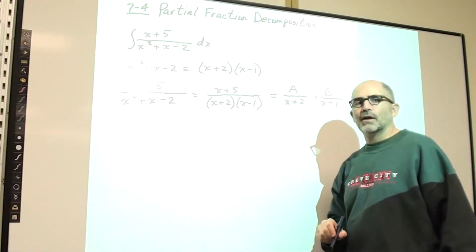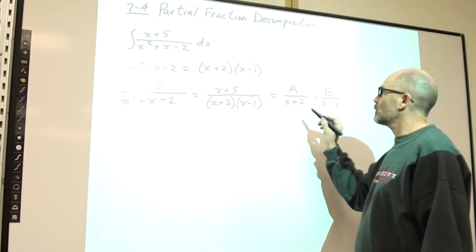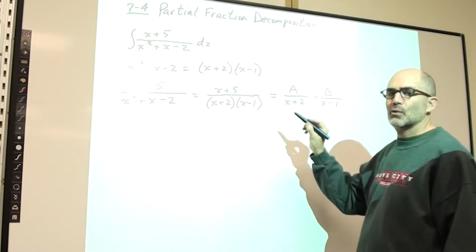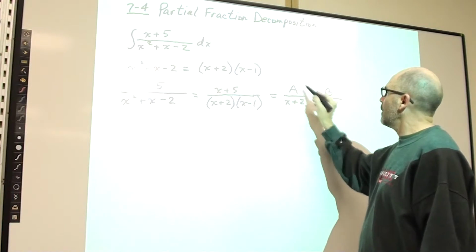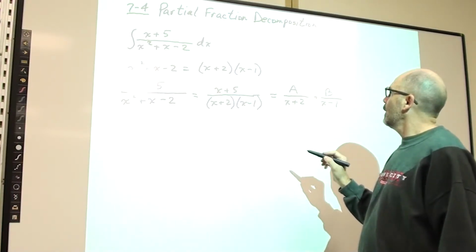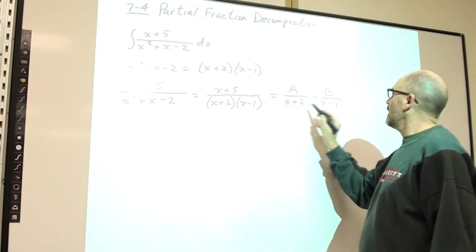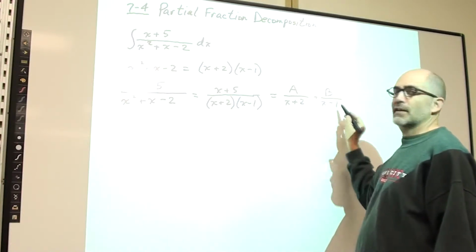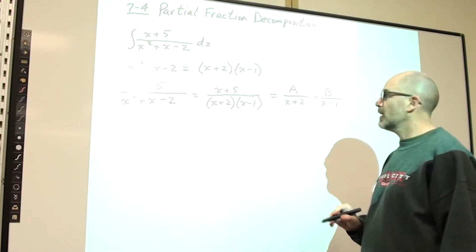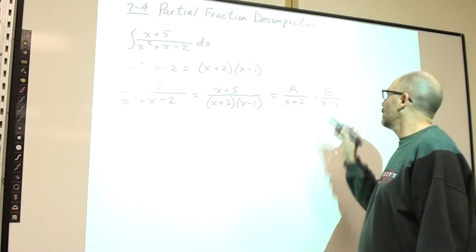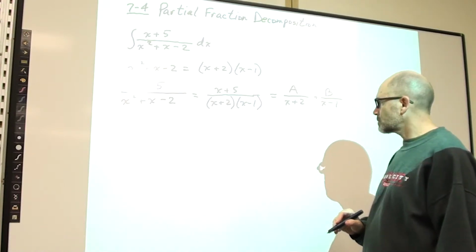Okay, so this may start to look familiar to you. So we've got to find out what a and b are. So what we do is we say, okay, if I need common denominators of these two fractions, then what are they going to be? Well, x plus 2 times x minus 1.